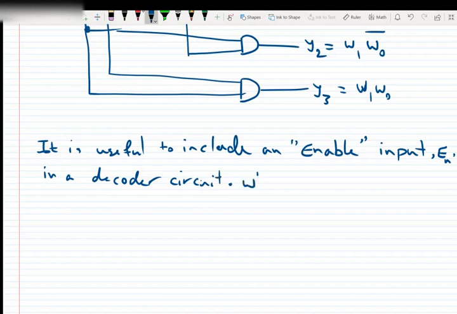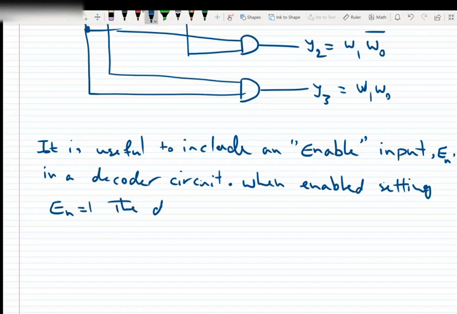When enabled, setting En equal to 1, the decoder behaves as presented above.